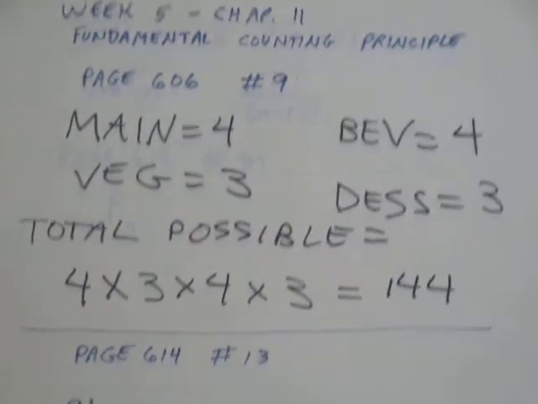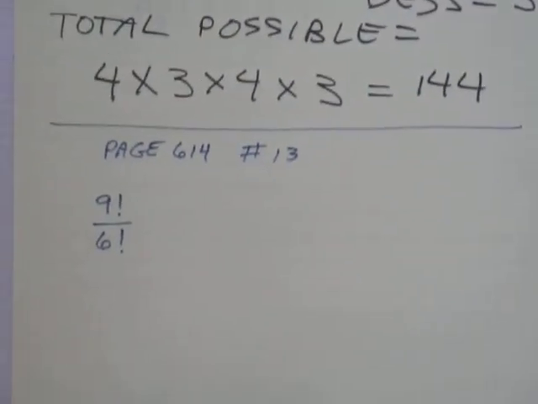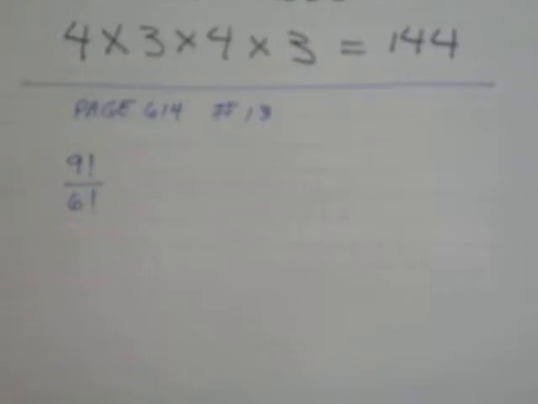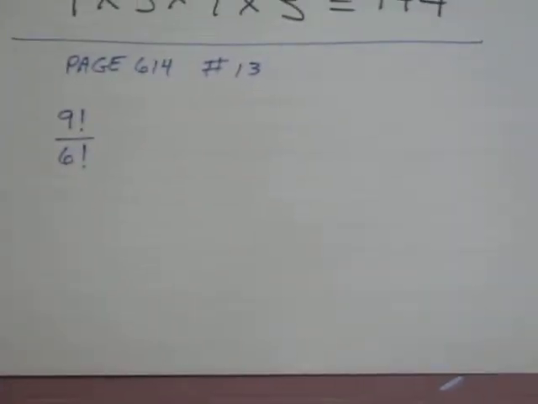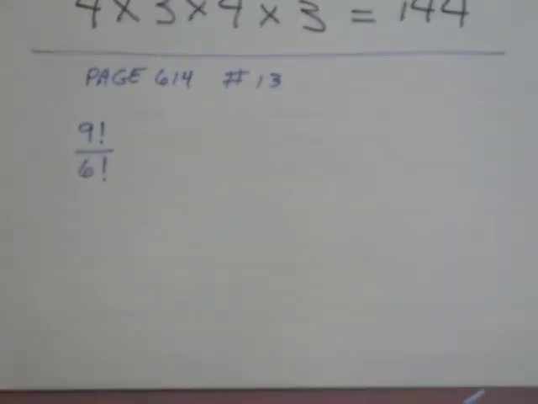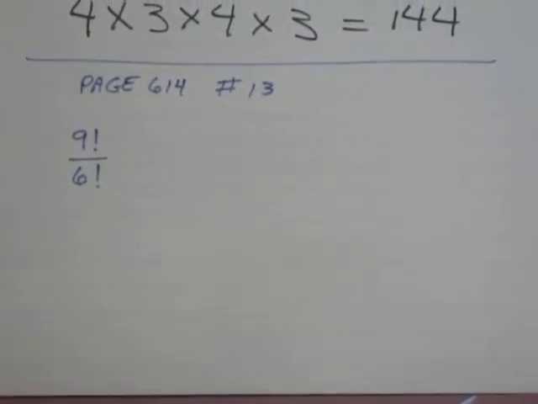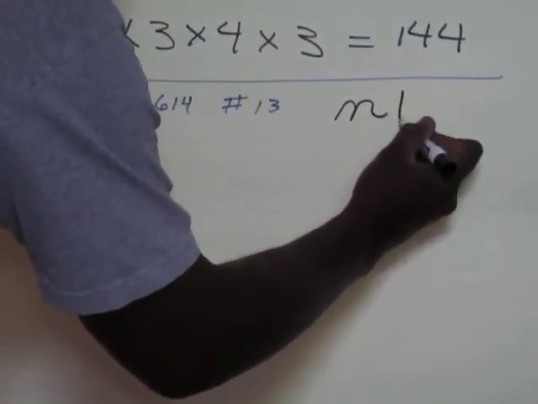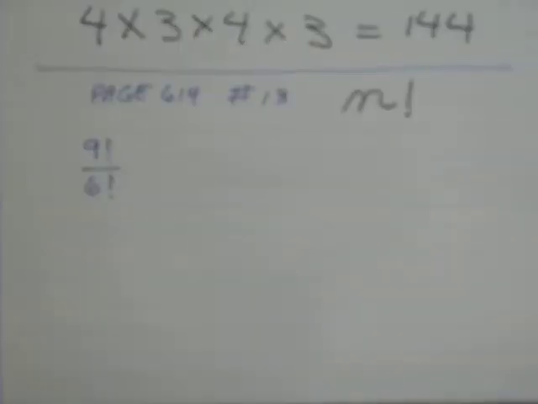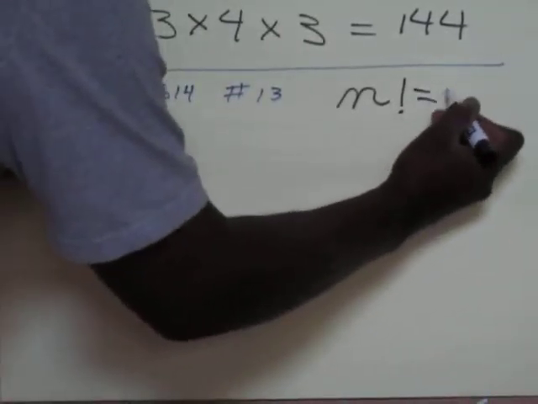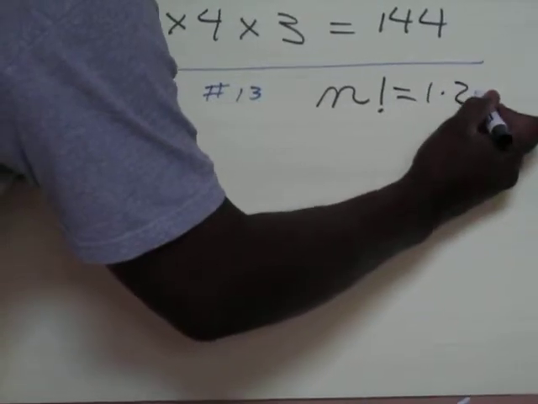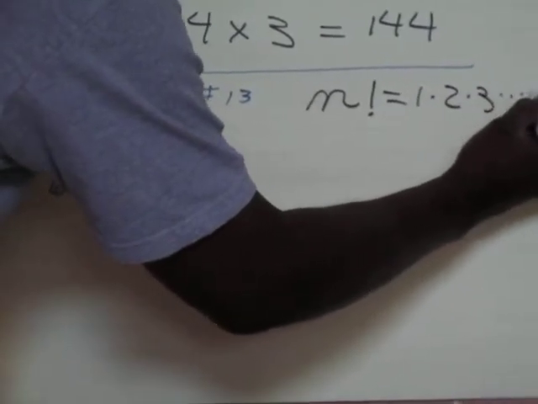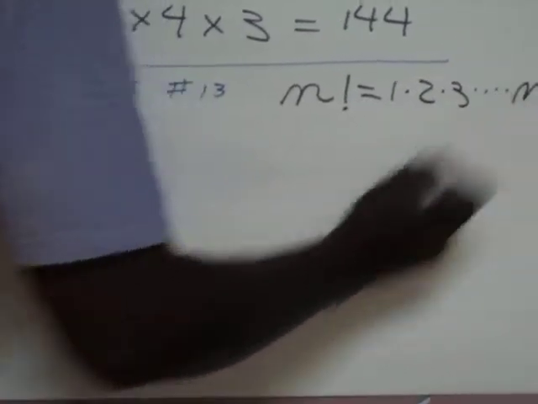Second problem we're going to look at is on page 614, problem number 13, and it deals with what is called factorial notation. Factorial notation, n factorial, is a product: 1 times 2 times 3 up to times n.